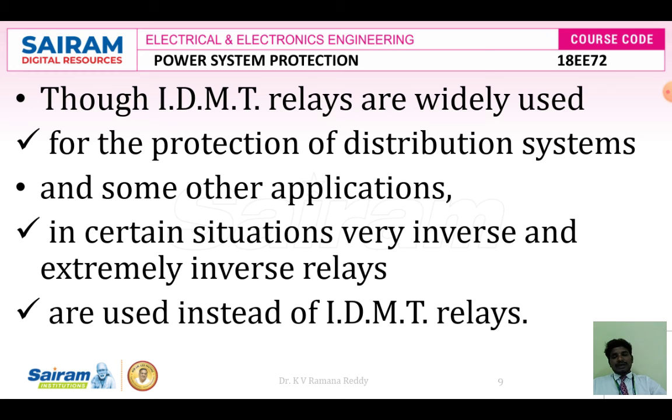We can use IDMT relays where the fault is not related to time, and in such conditions we use very inverse relays where the fault current is very high, and extremely inverse relays where the fault current is too much. So depending upon the fault current, we can use definite time relays for high fault currents, and for low fault currents we use inverse time characteristic relays.